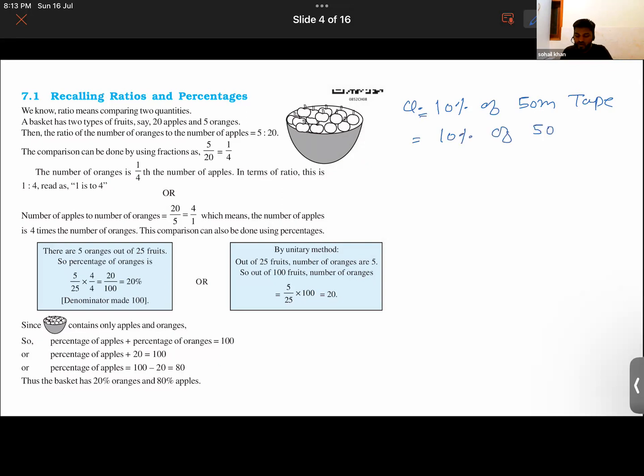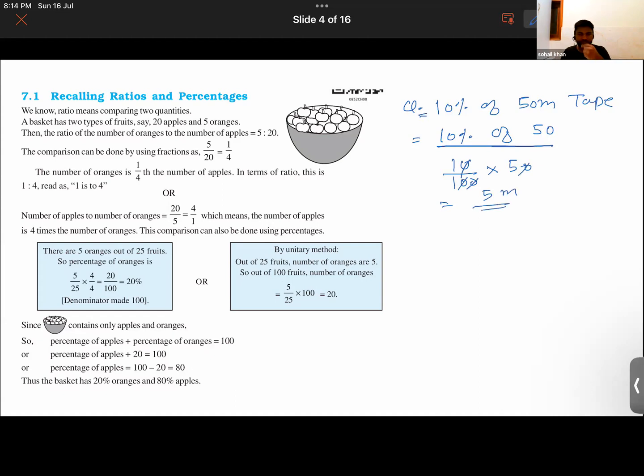You will not divide it. We are trying to find out how much 10% of 50 meter is equal to. So 10% of 50 meter is simply 10 by 100 multiplied by 50. So that is 5 meter.